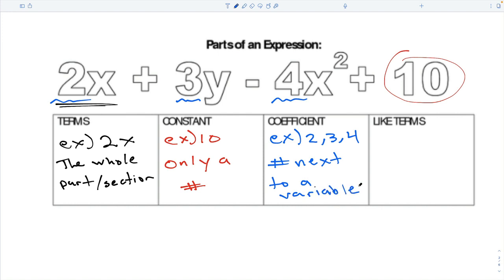Why isn't 10 a coefficient? Why does 10 not work for a coefficient? Because it doesn't have a y, x, or something. And we call that what, Hadley? What's a y and an x? Good. So we can't say 10 is a coefficient.